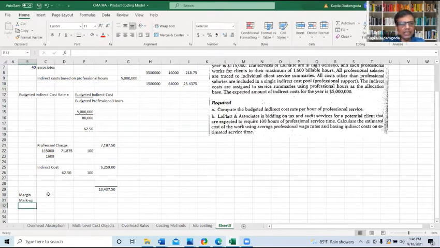Now, if I say that our margin is 20%, or this company keeps a markup of 20% to start with, what would be the price they charge?